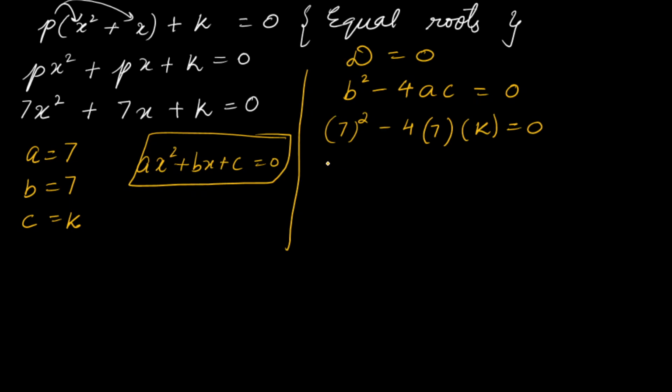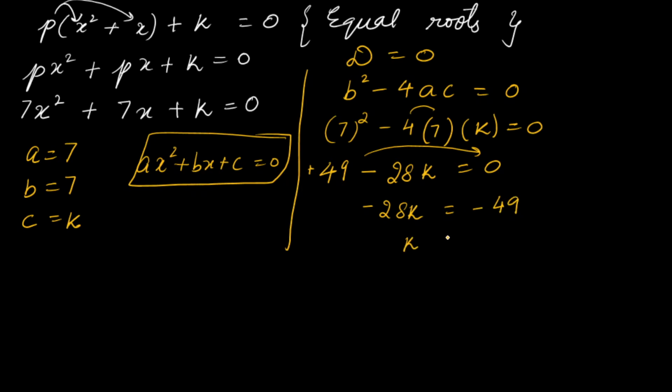Yes, so 7 square is 49, 7 into 7 is 49, minus 4 into 7 is 28, into k we can write 28k is equal to 0. 49 now will shift to the other side, so minus 28k will be left on this side. 49 is plus 49, so when we shift to the other side it will become minus 49.